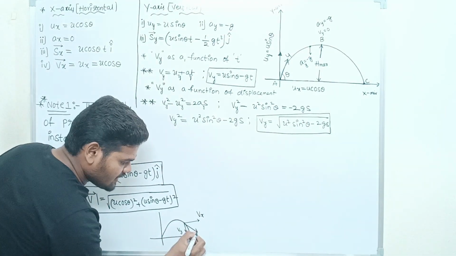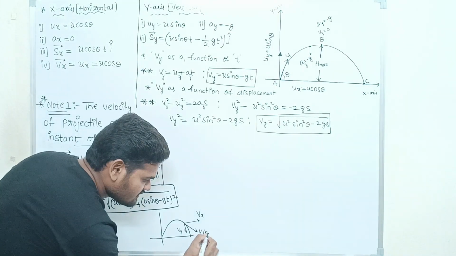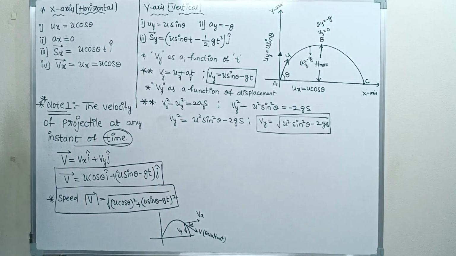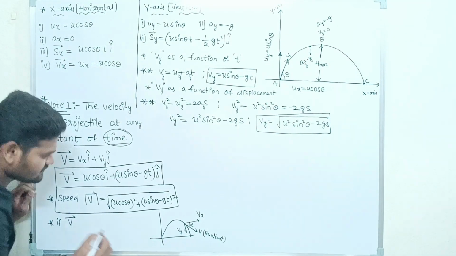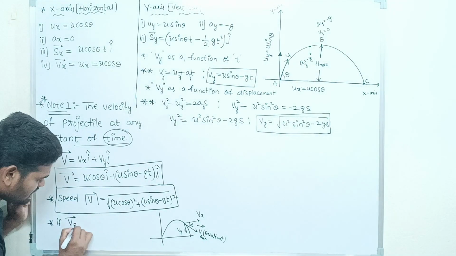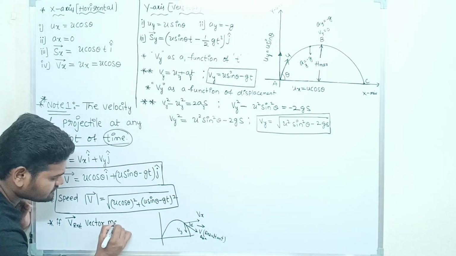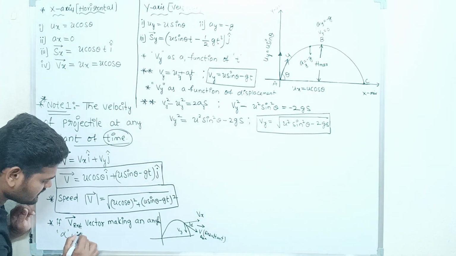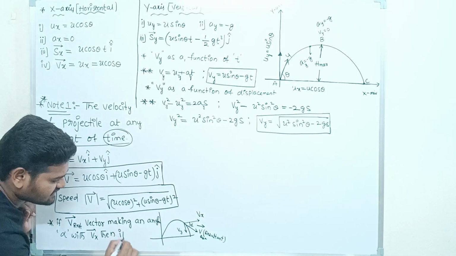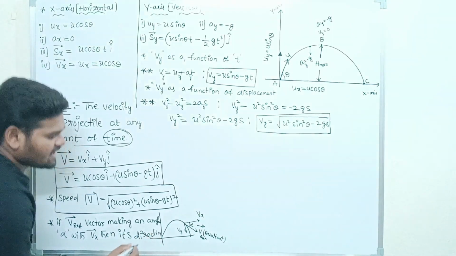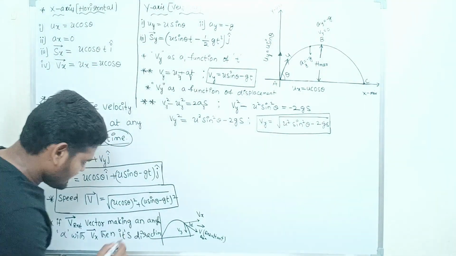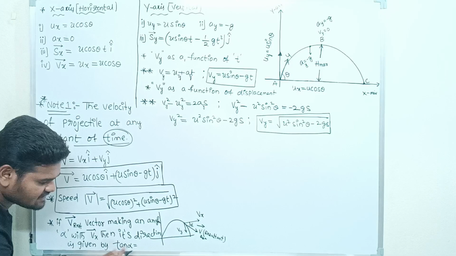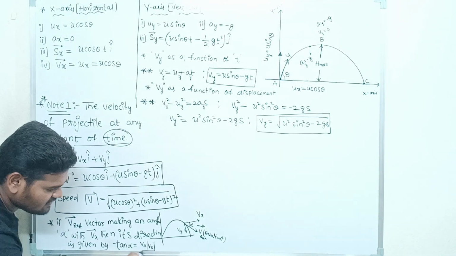Now the resultant velocity is given by V. Let us consider this resultant velocity is making an angle alpha with the Vx, then its direction is given by tan alpha is equal to Vy by Vx.